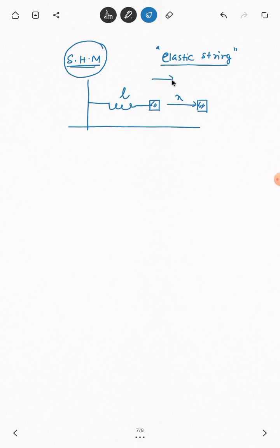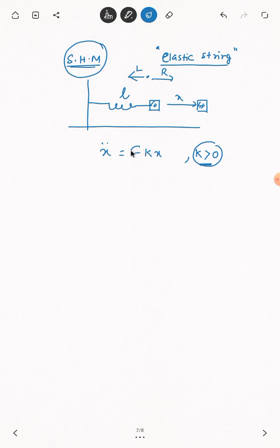That means the motion will be about a particular point, once to the right, once to the left, and its equation of motion is very famous, that is x double dot equal to minus kx, where the important point is k should be greater than 0, because if k is less than 0, then this will become positive.